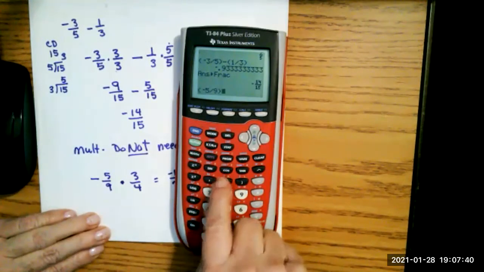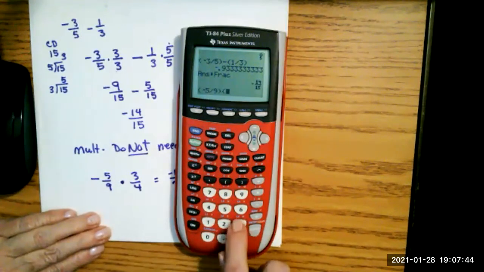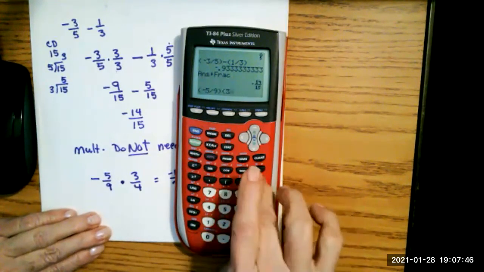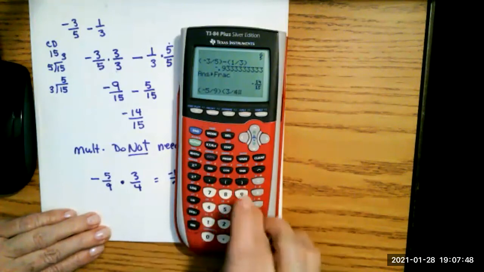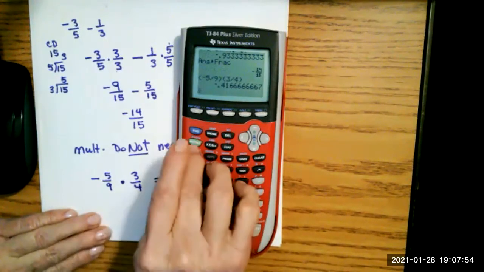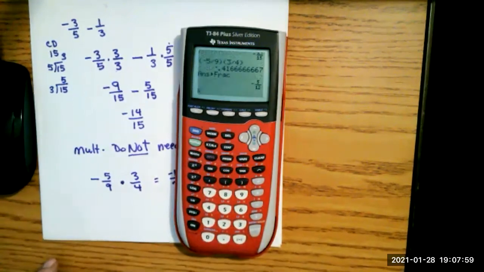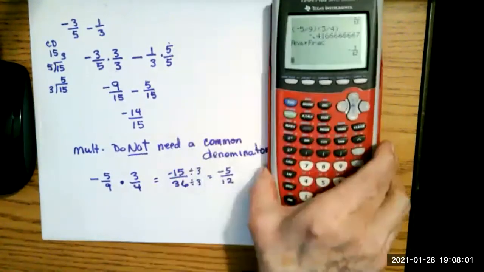You can just put the two parentheses close together, and that's the same thing as times. 3 divided by 4. And when you hit enter, you get a lovely little decimal number. So go to math, and you have fraction, enter, and it'll give you your negative 5/12.